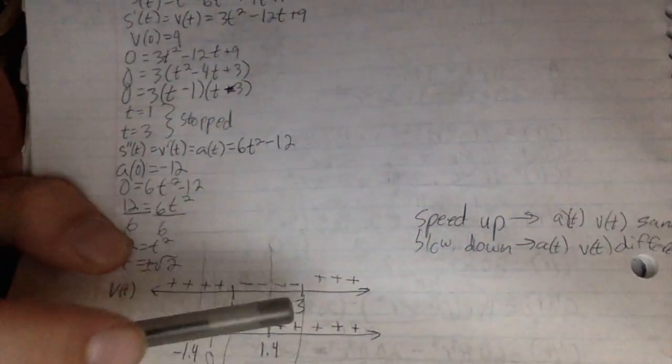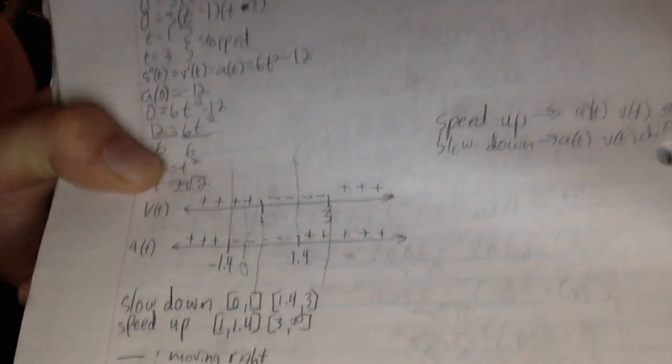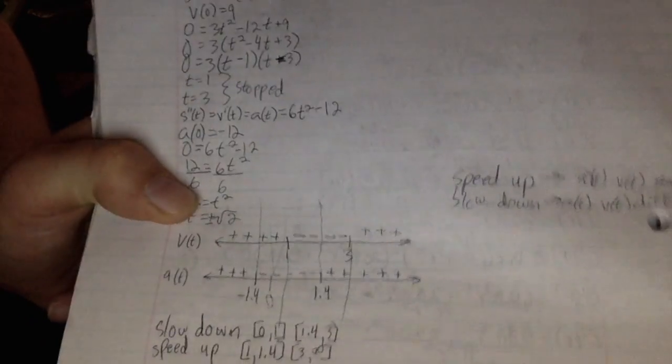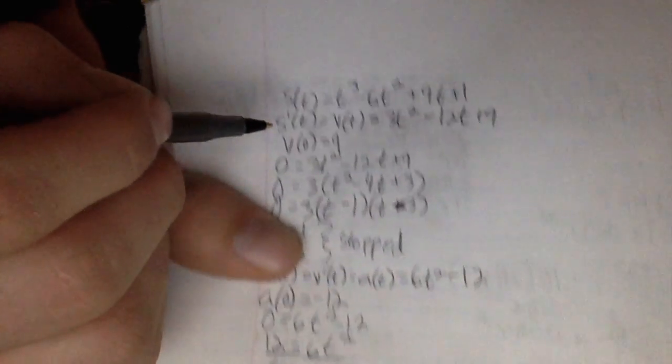And now after t equals 3, it's going to be positive until infinity, so it's always moving right, and we just need to know where it is at t equals 5. So we plug in 5 for t in the original equation, and it comes out to be 21.